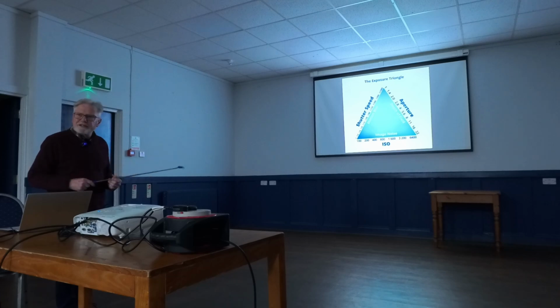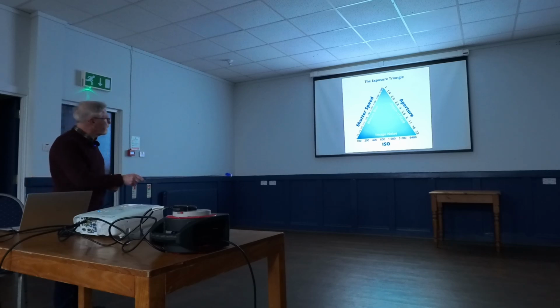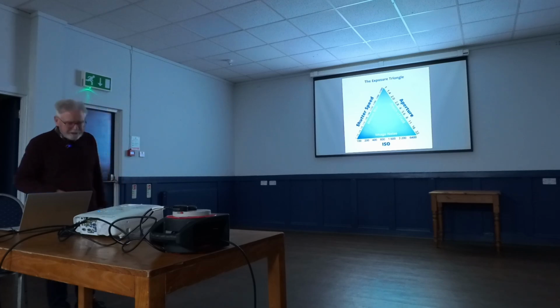You would then need a fairly fast shutter speed, because people move. So make it at least 125th of a second. To achieve that, you set your ISO to whatever, and just leave it there, and just alter your shutter speed or your aperture. That's what I would say. Okay, so that's the so-called exposure triangle.